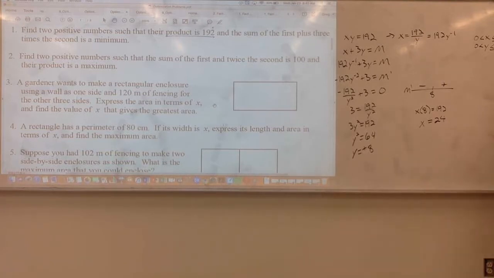So the two numbers that multiply to 192, and the sum of the first plus 3 times the second is a minimum, would be 24 and 8.